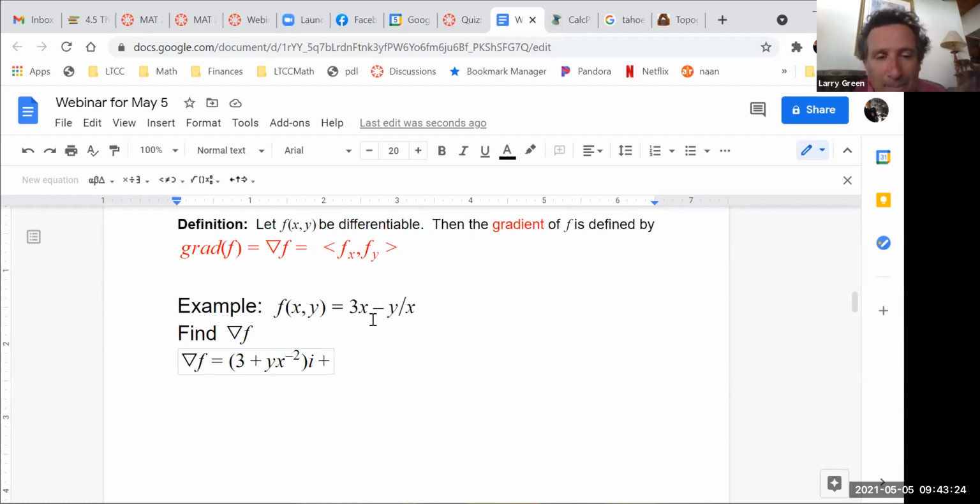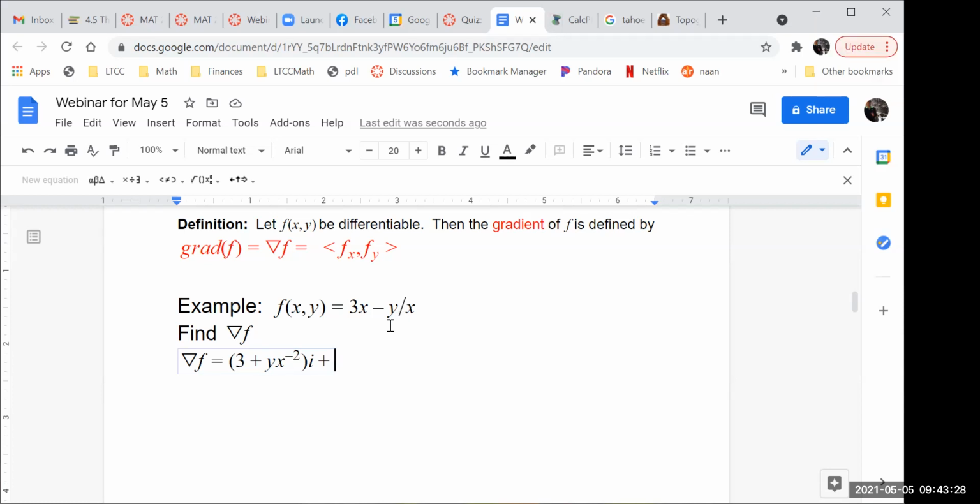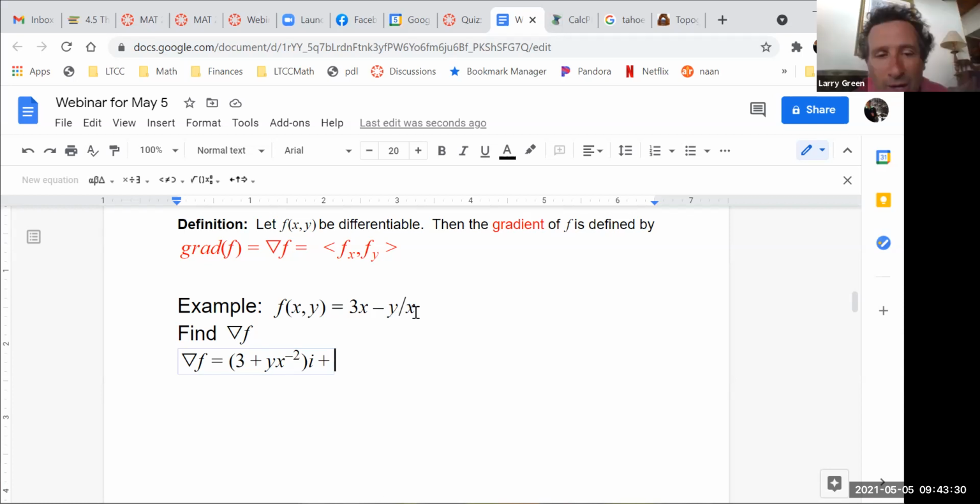There's no y. And if you have y over x, that's the same thing as y times 1 over x. 1 over x is a constant when you're talking about with respect to y. So it's just a constant, which is 1 over x, and it's a minus. So it's minus 1 over x, j.